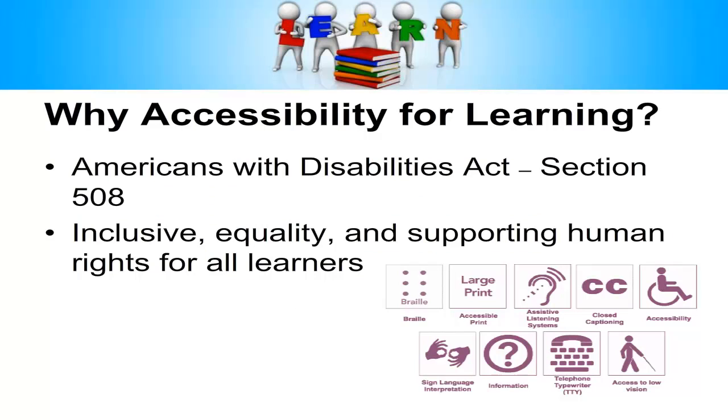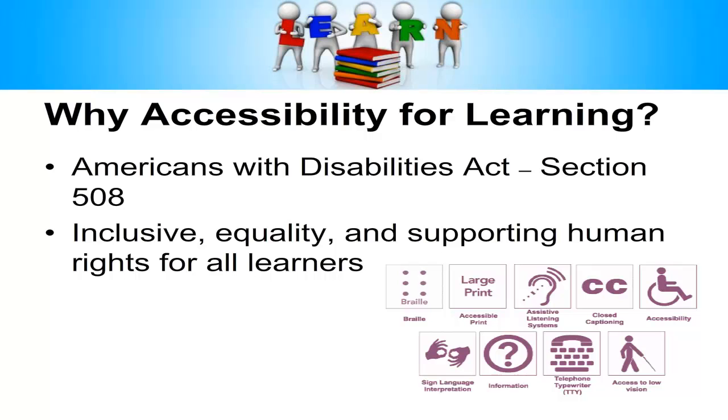It should be important no matter who you are or how you deliver your course material, simply because it is the right thing to do. But of course, the Americans with Disabilities Act ensures equal opportunity to users with disabilities, and Section 508 addresses electronic and information technology and stresses the ways and standards that it should be accessible to people with physical, sensory, or cognitive disabilities.